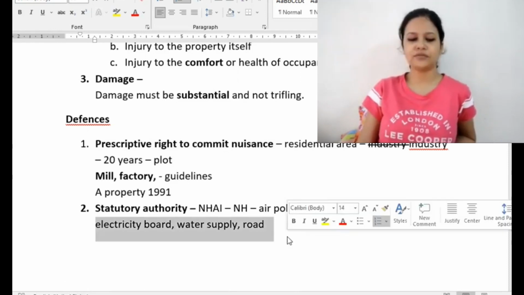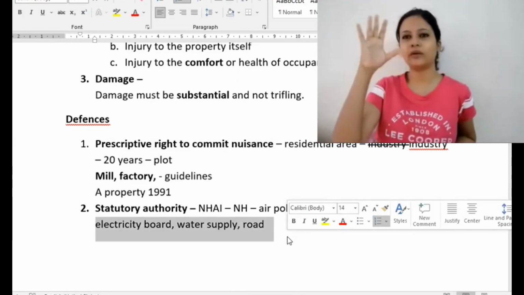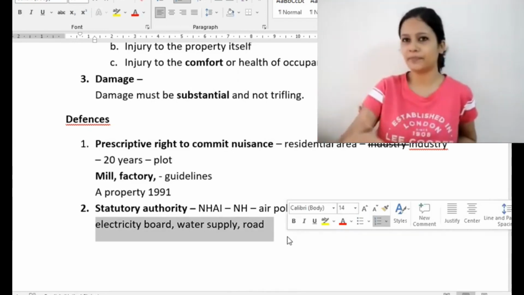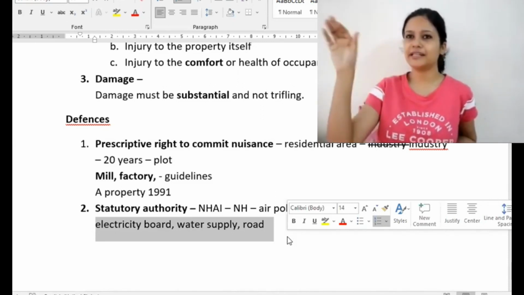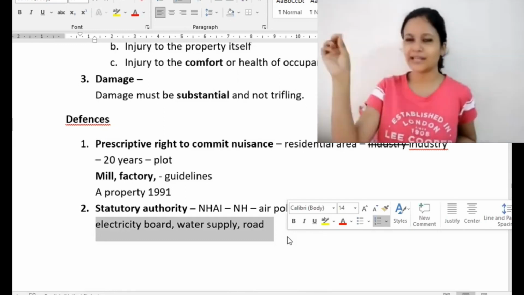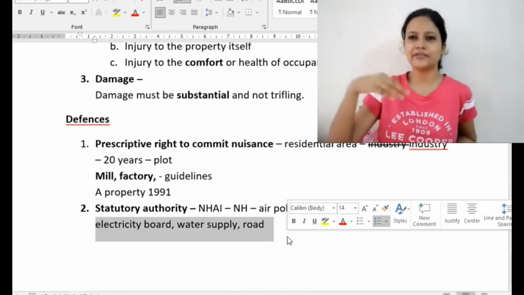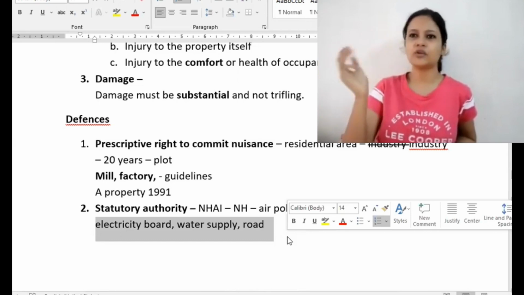Same happens, for example, with the electricity board. If you have a big mango tree in your premises, but its branches are interfering with the electric wires of the electricity board, people from the electricity board would come and just cut those branches.